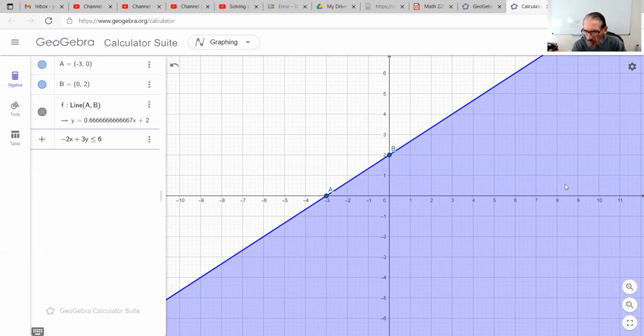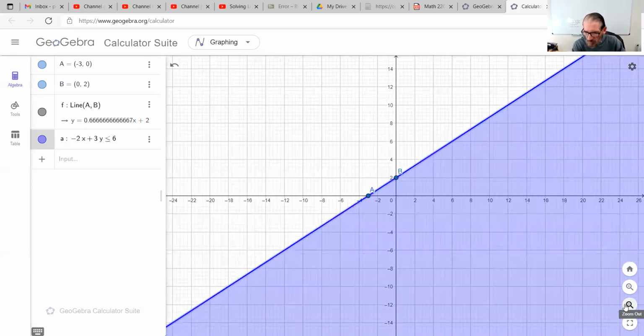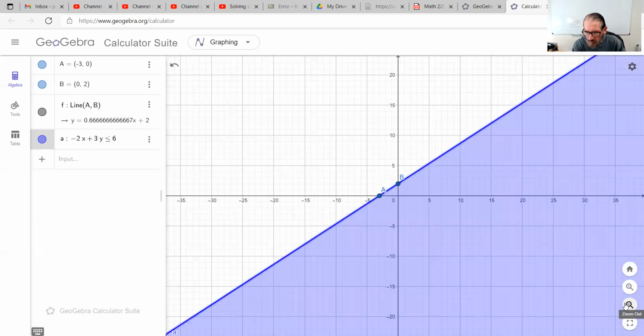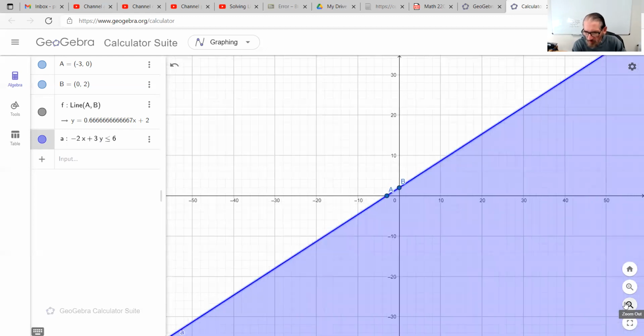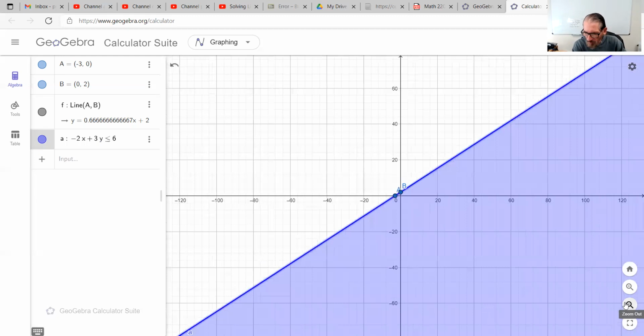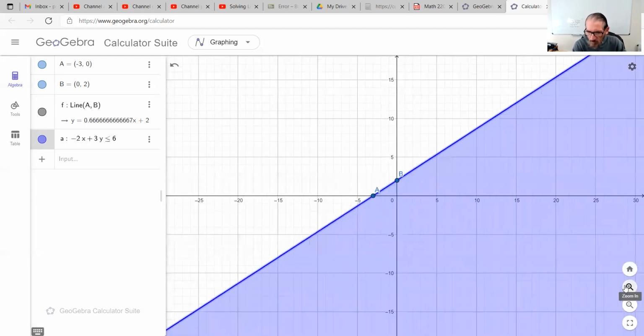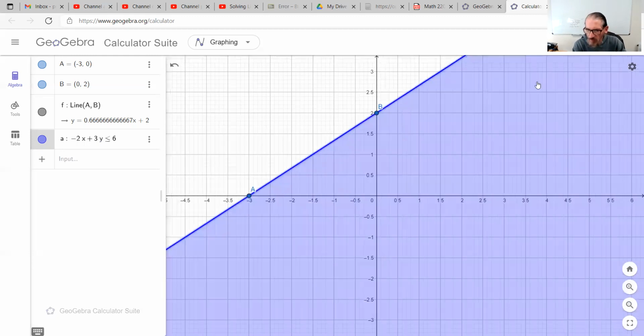And somebody might look at this, because we only see one window at a time, and say, well, yeah, we could. No, actually, you cannot. You keep zooming out, and there's never going to be a circle that's going to cover all of this. So that single inequality is unbounded.